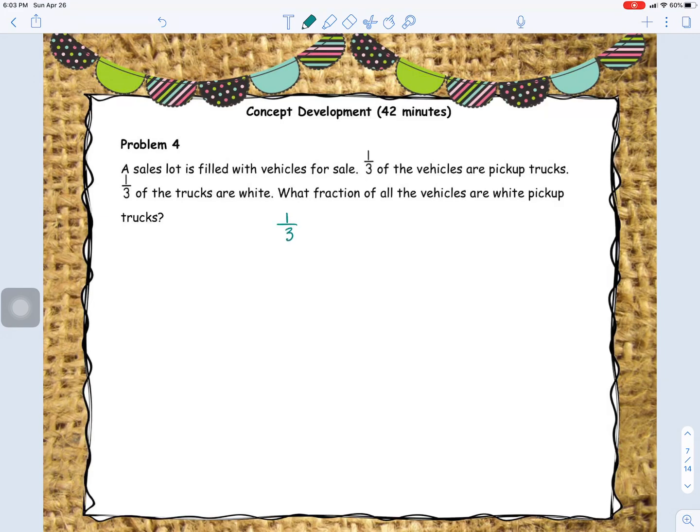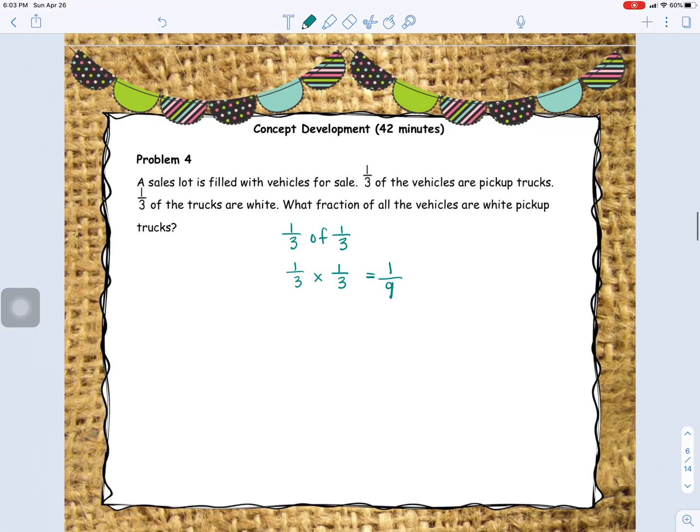So we're going to do 1/3 of 1/3, or 1/3 times 1/3. Now I bet you can already figure out the answer. 1 times 1 is 1. 3 times 3 is 9. But what does that look like when we draw it?